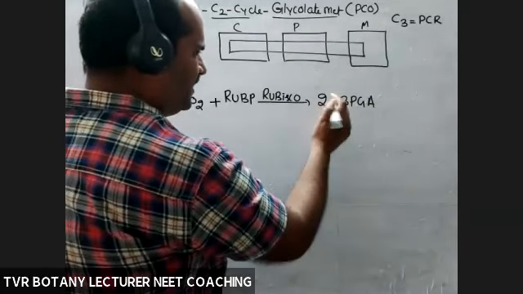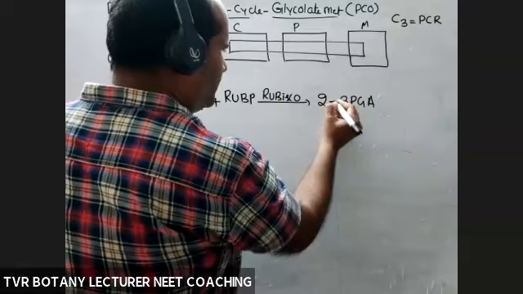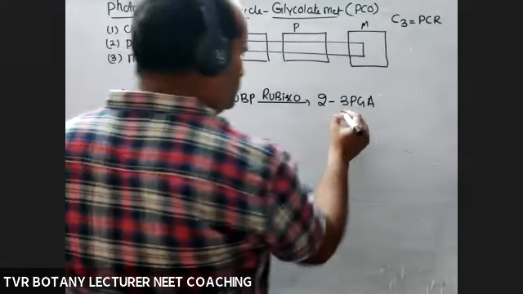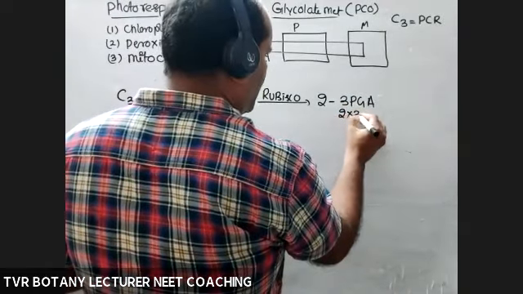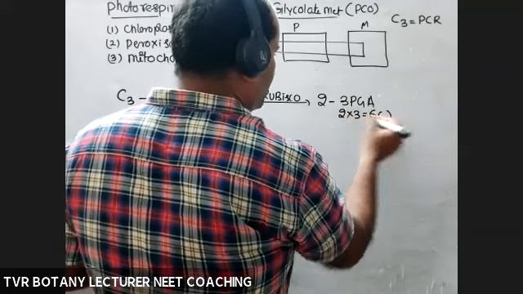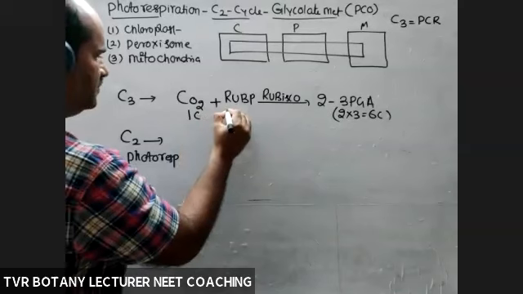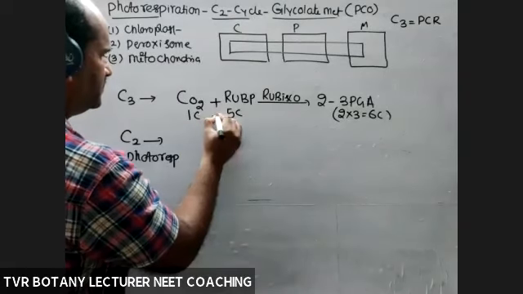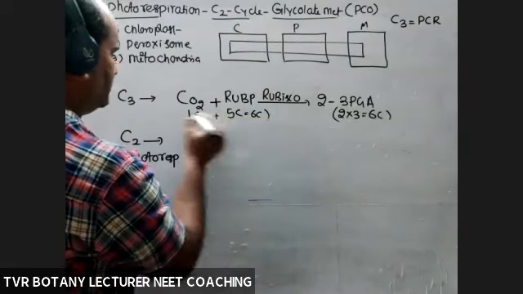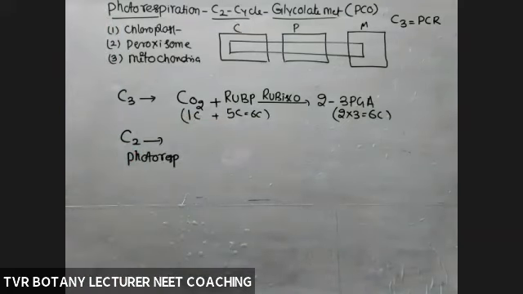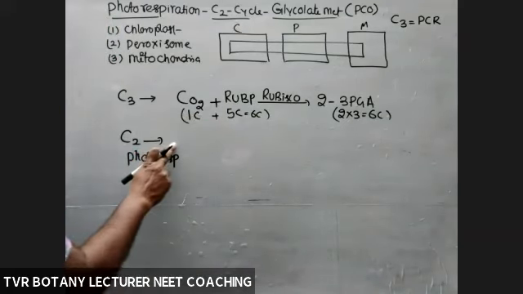Don't multiply it; better take it like this: 2 molecules of phosphoglyceric acid. So 2 into 3 carbons, 6 carbons. Come back: 1 carbon plus 5 carbons, together 6 carbons.